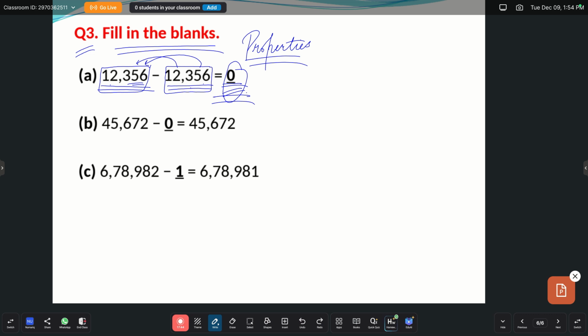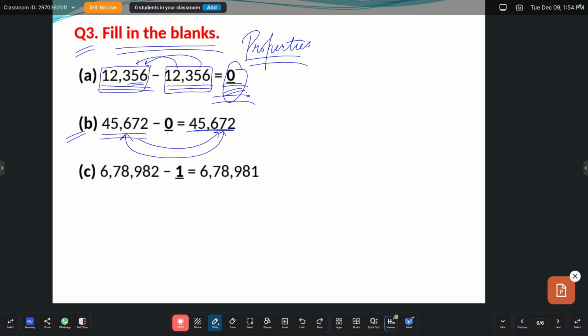Very good. Now, we will see our part number B. Part B is 45,672 minus something. It's not written here in your books, so it's the blank. We have to subtract something from 45,672 so that our answer will be this. What is the answer, beta? It is 45,672. Isn't it the same as the minuend? Yes, of course.